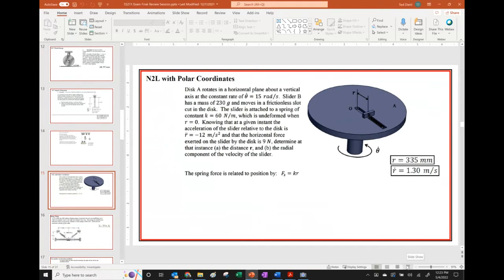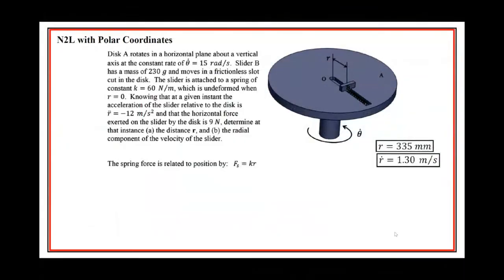Read this carefully. All right, so I wrote this one. A disk rotates in the horizontal plane about a vertical axis at the constant rate of theta dot equals 15 radians per second.